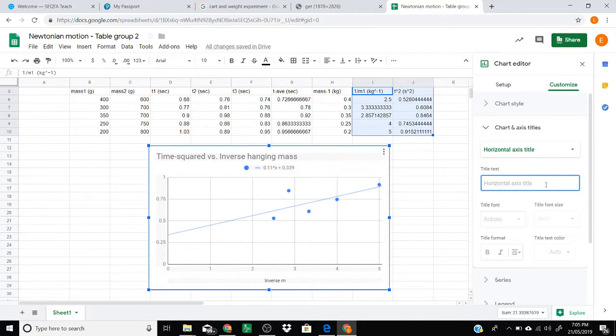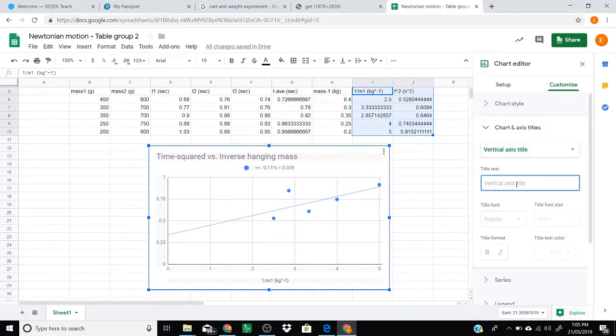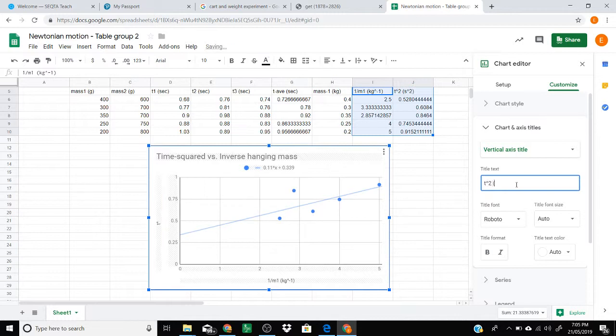I'll express it this way: 1 on m, in inverse kilograms. And the vertical axis is time, t squared, in seconds squared. Okay, so we've constructed our graph.